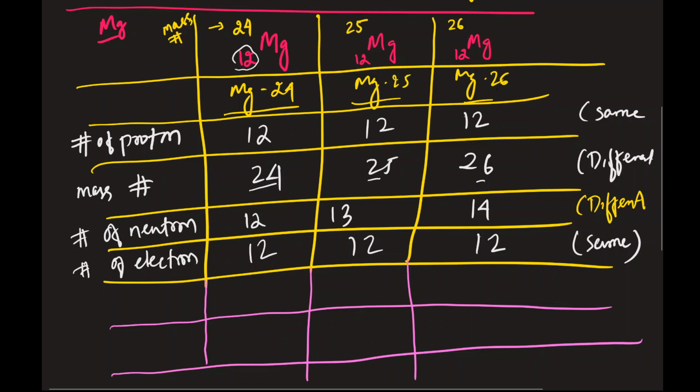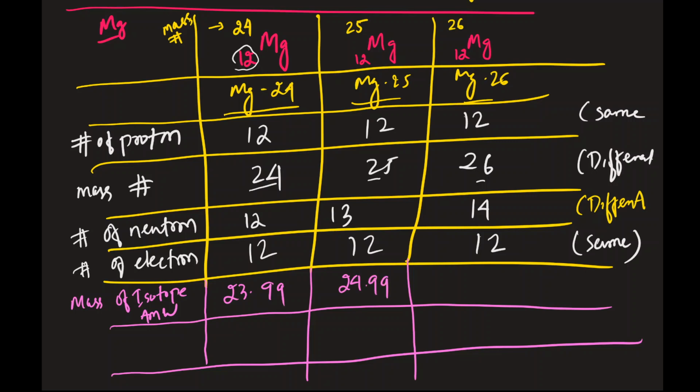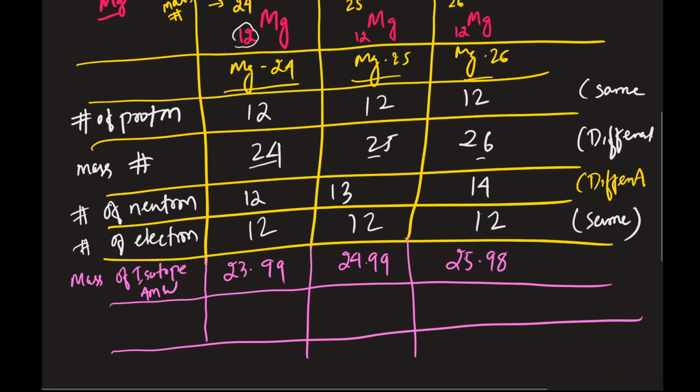They all exist. The exact mass of each isotope is slightly different, measured in AMU. Mg24 is actually 23.99, Mg25 is 24.99, and Mg26 is 25.98.